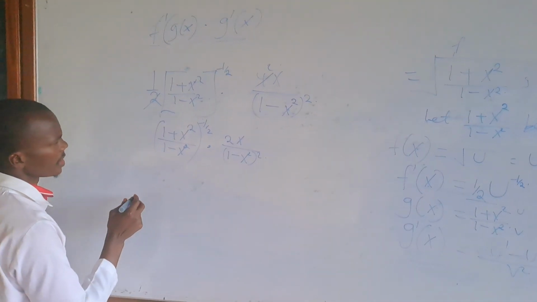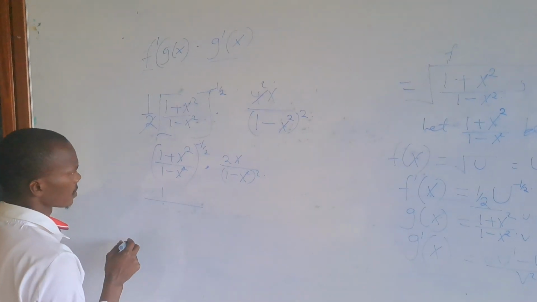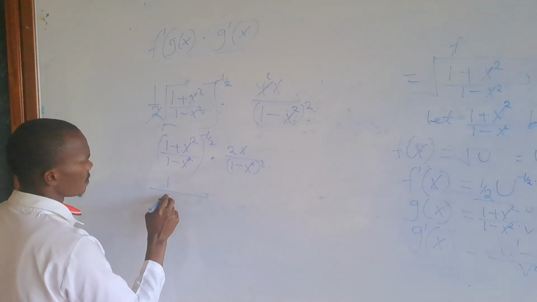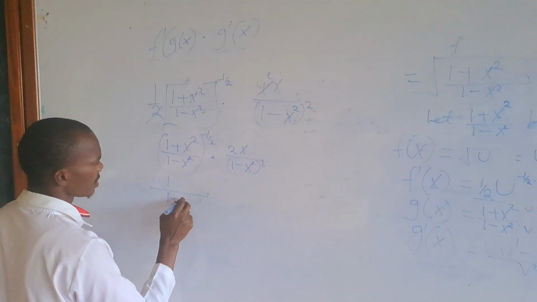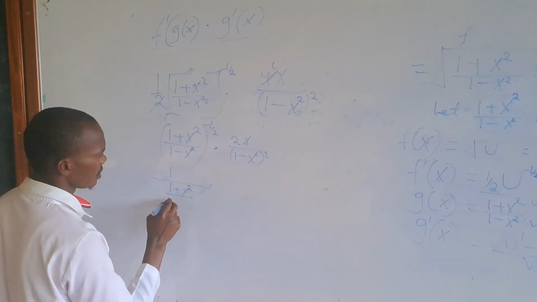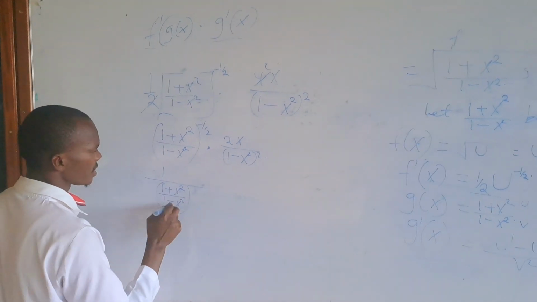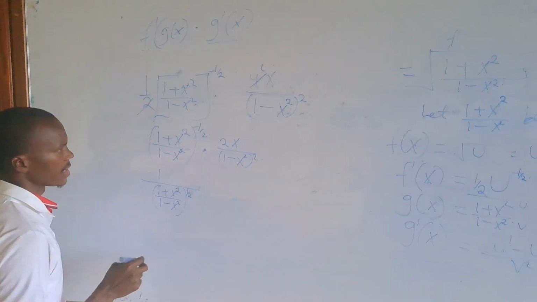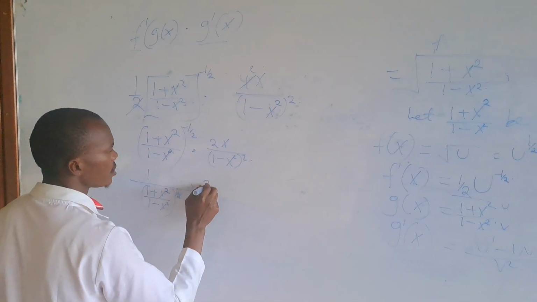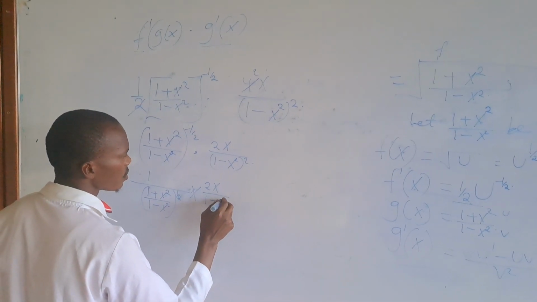this one can be the same as 1 over 1 plus x squared over 1 minus x squared. Then this is raised power half like that. Then we multiply by 2x over 1 minus x squared.